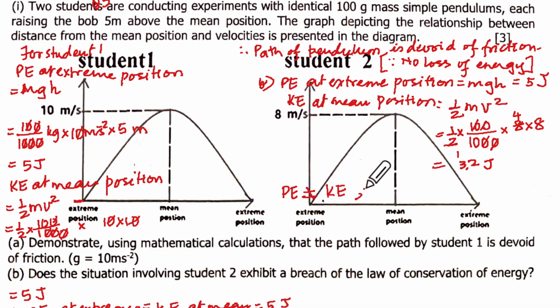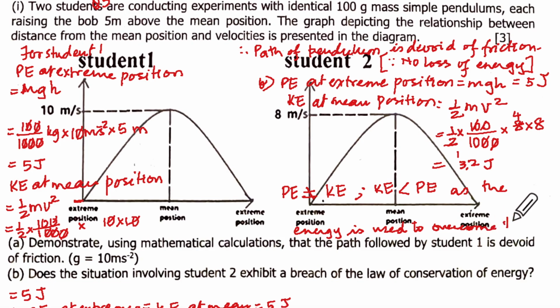In fact, kinetic energy is less than potential energy, as the energy is used to overcome the force of friction from the surrounding medium, correct?